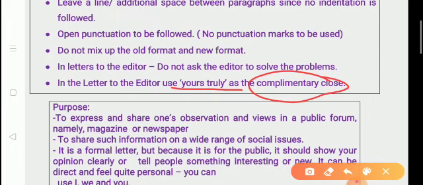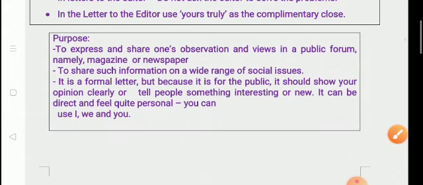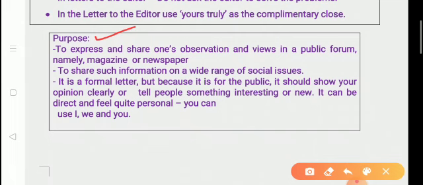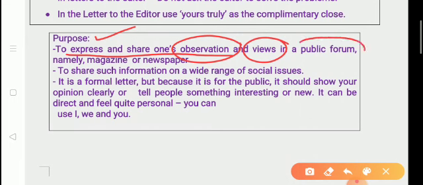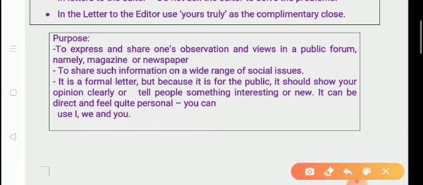Now coming to the purpose of writing a letter to the editor. Sometimes we write a letter to the editor to express and share one's observations and views in a public forum, namely a magazine or newspaper. We want to share our own observations, or information that has relevance to social issues or a matter of social importance.